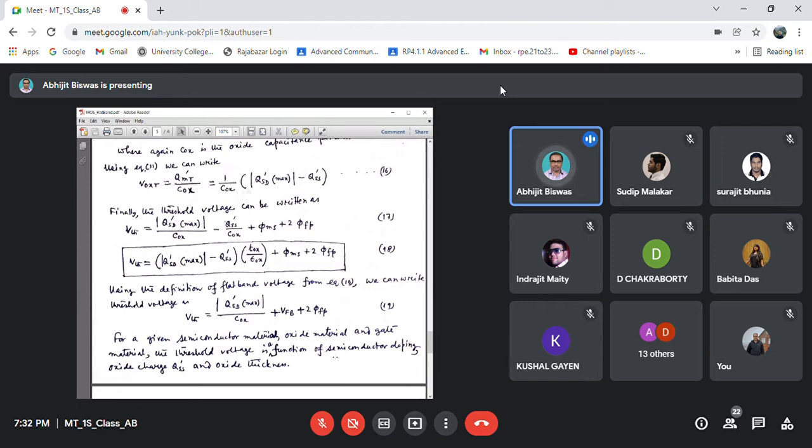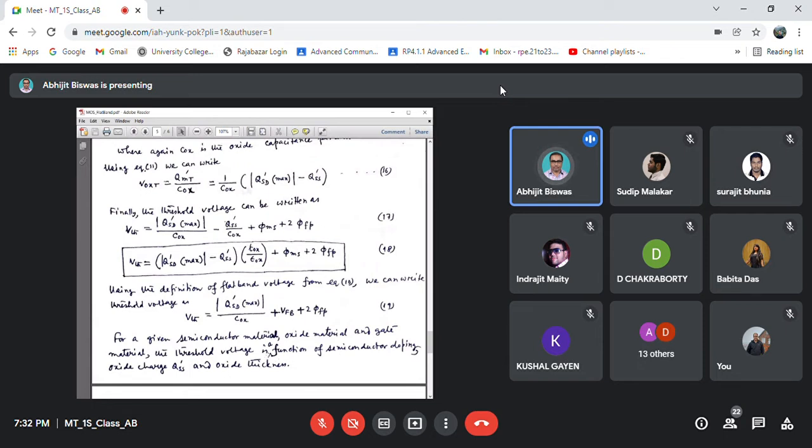As you know the expression for the flat band voltage, so in terms of flat band voltage, you can remember the expression for the threshold voltage. It will be easier. So equation number 19 is convenient for you to calculate the threshold voltage of the MOSFET.